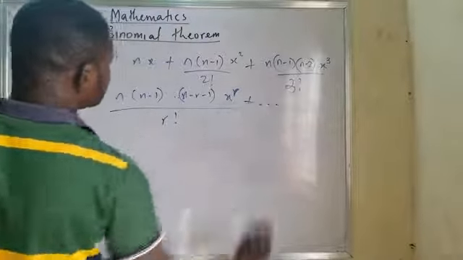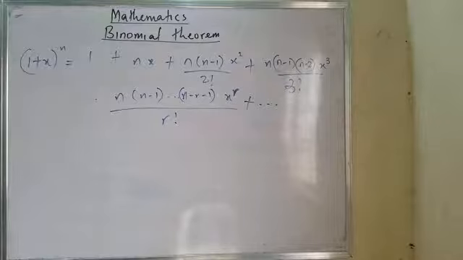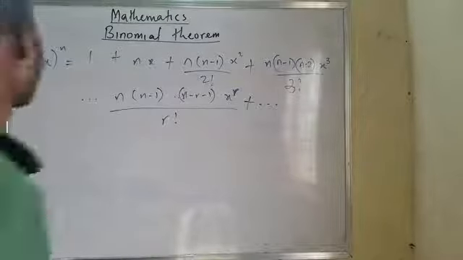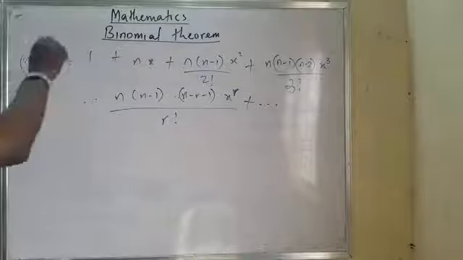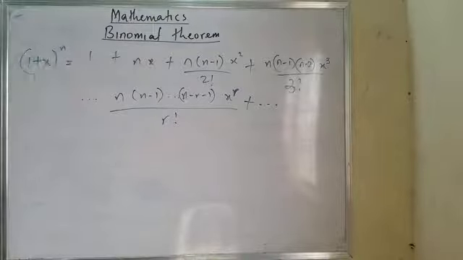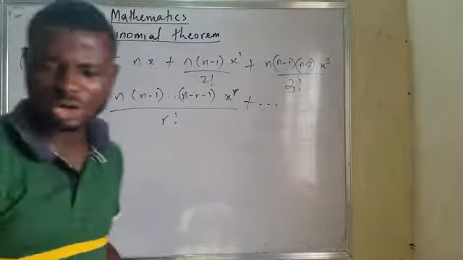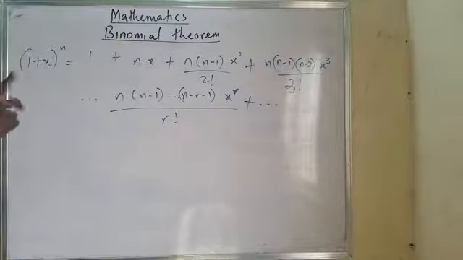This is very important at this point. Anytime you have the power of a function that is less than 1, which can be 0 point something or a minus value, you will be thinking towards this formula.